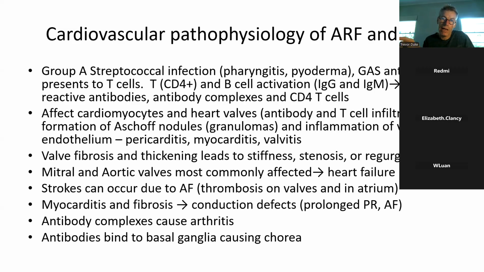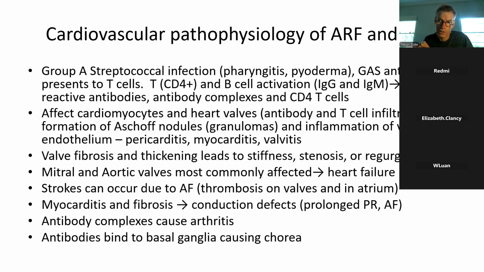Of course, sometimes the ventricular rate can go too fast, but it's the lack of atrial systole that is generally the biggest problem. And then sometimes in rheumatic fever, you can get conduction defects.